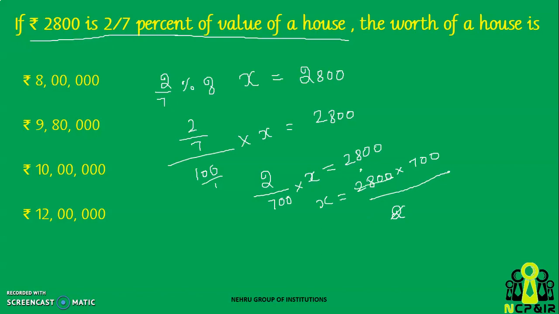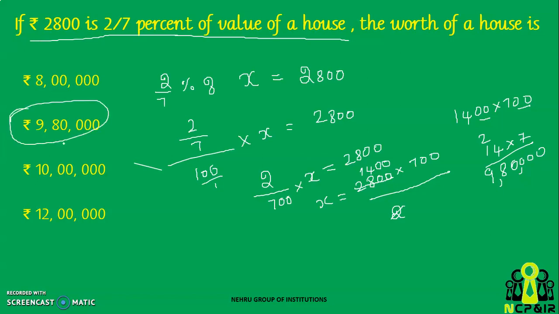This is going to be 1400. So this is 1400 into 700. So you can take just like that 14 into 7. So you have 7 4s are 28, and then you have a balance 7 plus 2 is 9. So here I have 2 zeros, here I have 2 zeros. Just add the 4 zeros in the end. So it will be 9,80,000. That is option 2 will be the answer here.